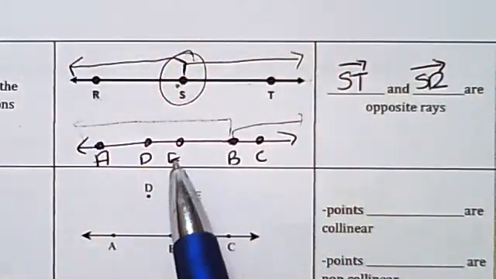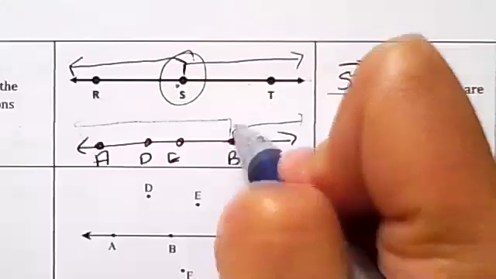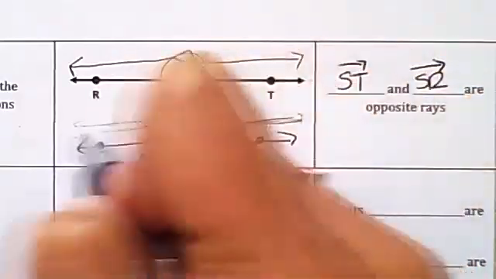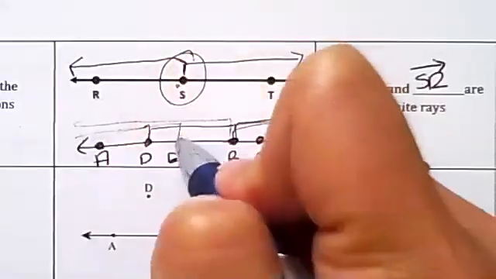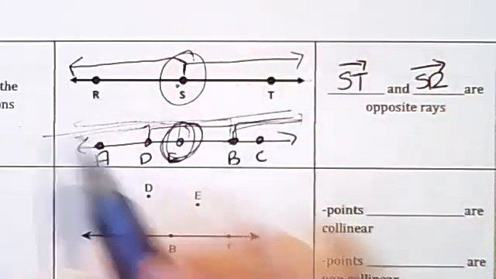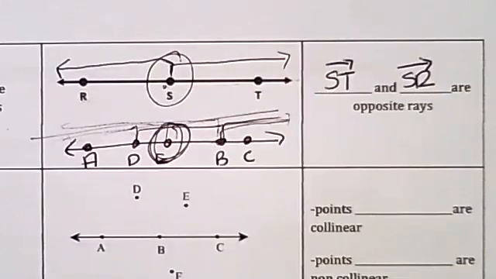And now that I added all those points, there's a lot of pairs of opposite rays here. I could have BC and BA. I could have DC and DA. I could have EA. So any opposite rays have to share an endpoint and just go in opposite directions. I don't know if that helps or makes it more confusing for you because now I just added in all those points. It does help. It helps? Okay, good. Thank you for asking.